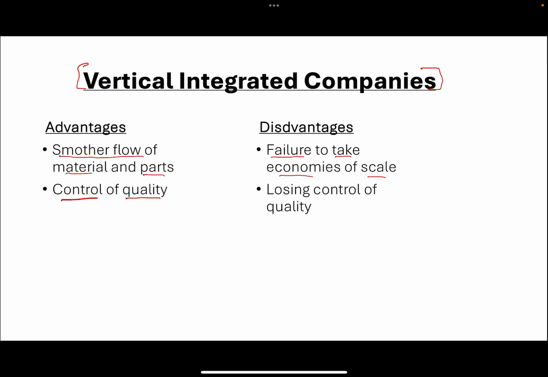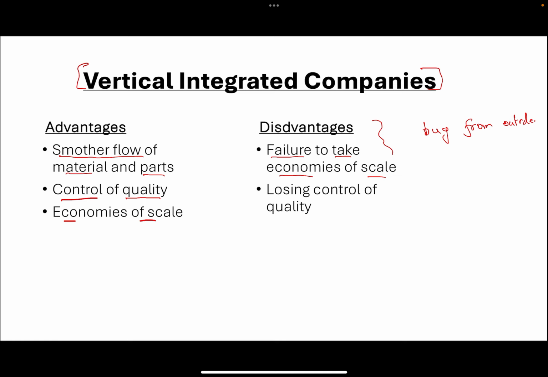The disadvantages of buying from outside are the failure to take economies of scale and losing control of quality. The advantage of making on your own is economies of scale.